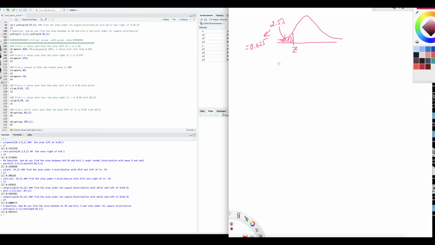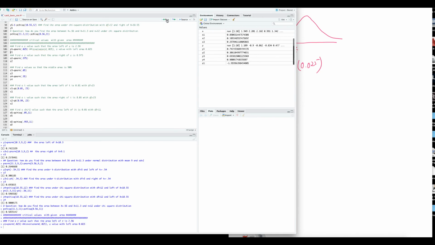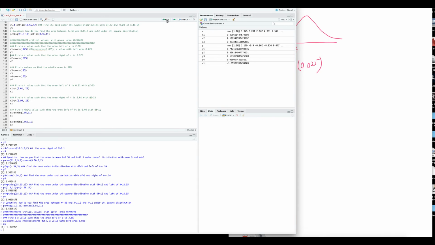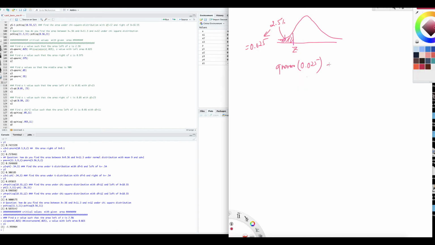For this we use Q norm. Previously we used P norm, now we use Q norm, and then the area, 0.025. Look at this code on lines 106 and 107. G1 is negative 1.96. That's the value of G.